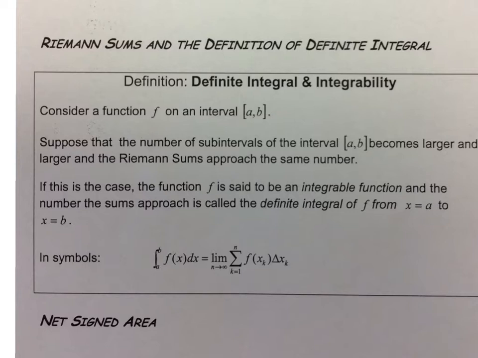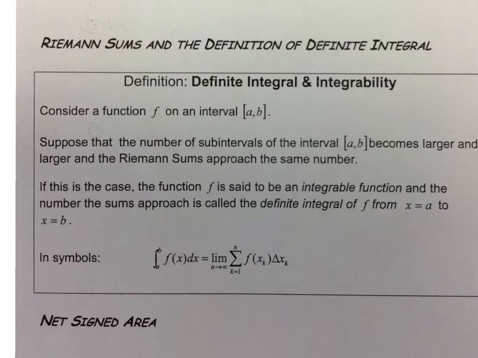You're looking at the precise definition of the definite integral. So we're going to say if we're calculating the sum of the area of the Riemann sums, and as n approaches infinity, the sum of the areas approaches the same number. If this is the case, then we're going to say that the function has an integral, and the number the sum approaches is called the definite integral.